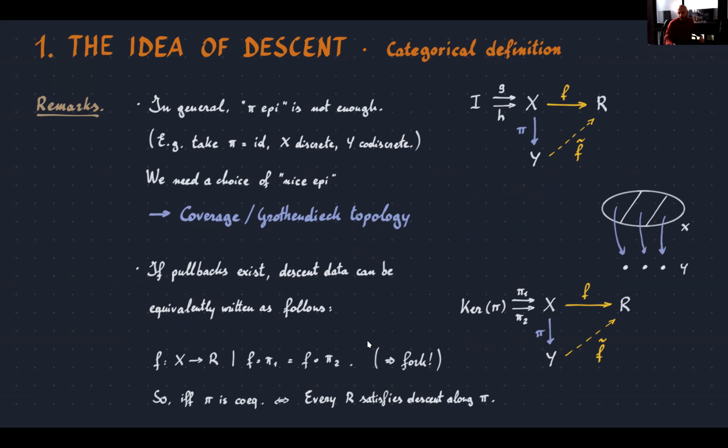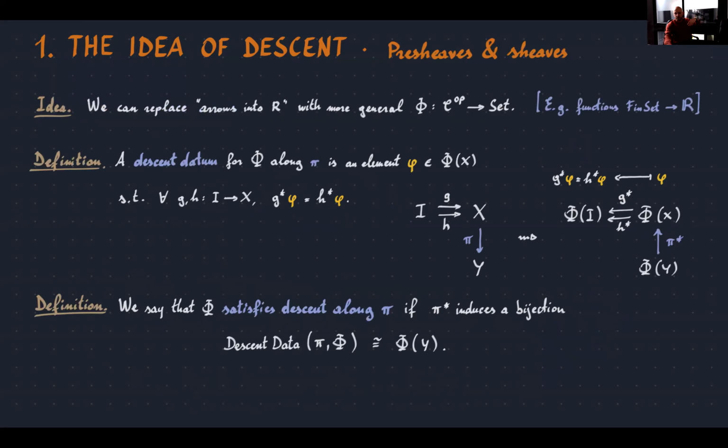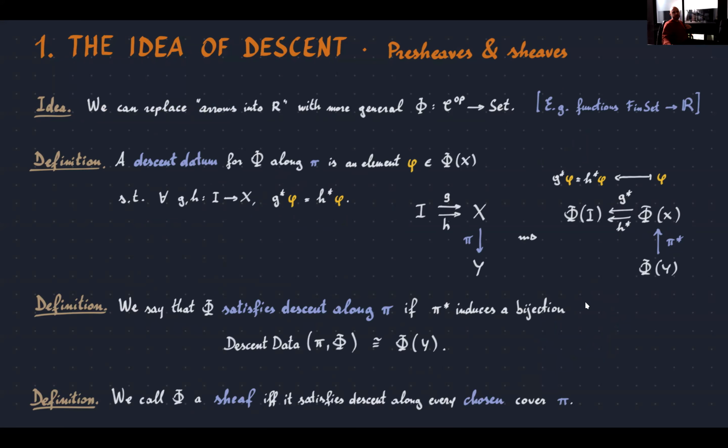So this thing satisfies descent for every R if and only if pi is the coequalizer of this kernel pair, which is basically saying that once you map this to Set, it preserves the coequalizer once you have reversal arrows. So now you can have the same thing for phi and have exactly the same logic. Okay. And so the same is going to go here.